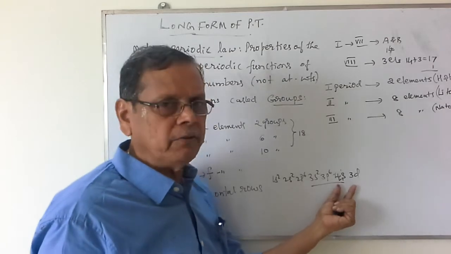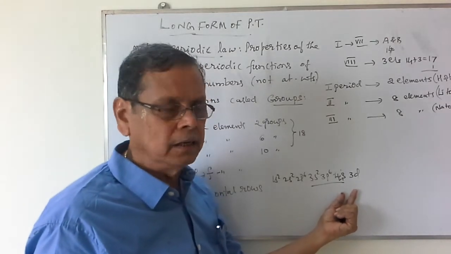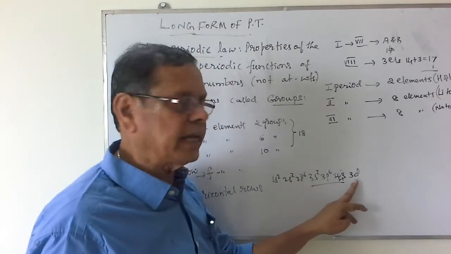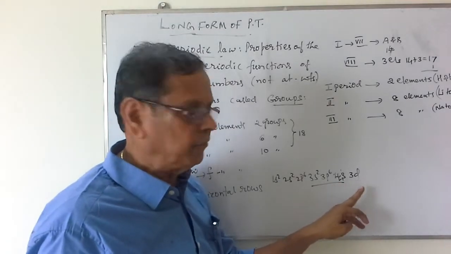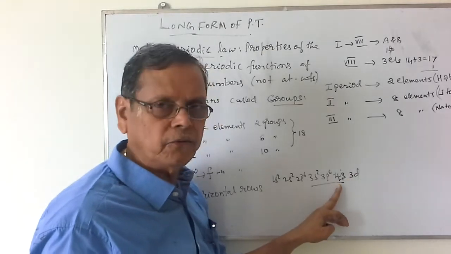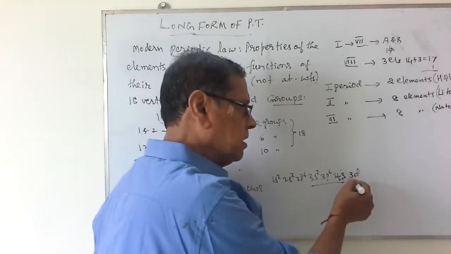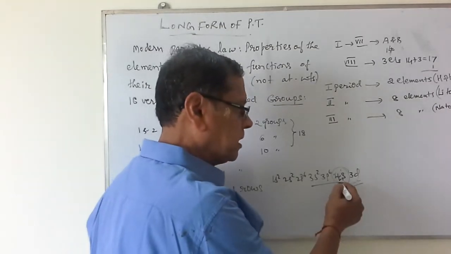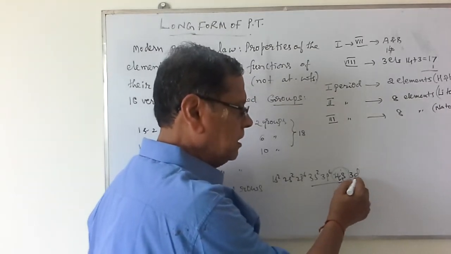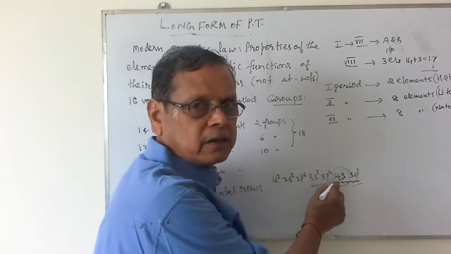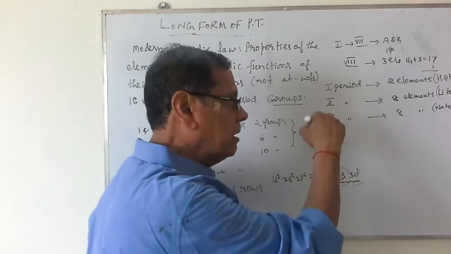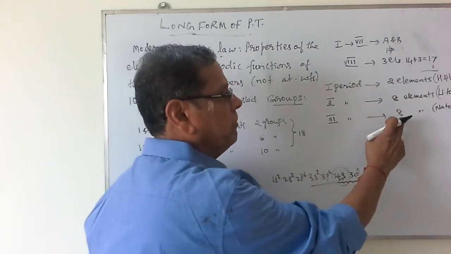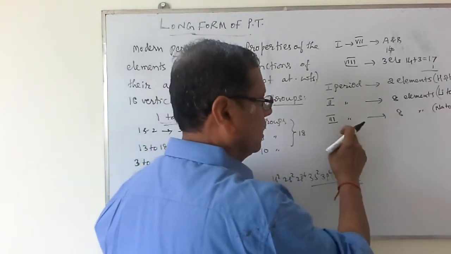Based on the n plus l values, the energy level is decided. 4s has n plus l value equal to 4, while 3d has n plus l value 5. Therefore, 3d has more energy than 4s. So to write the electrons in the 3d, first we have to fill the electrons in the 4s. All those elements containing electrons in the 3d should first contain electrons in the 4s. That's why they will come in the fourth period rather than the third period. That's why we have only 8 elements in the third period.